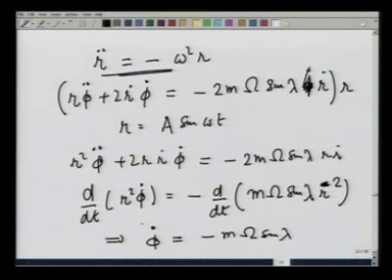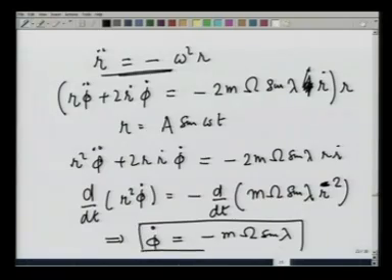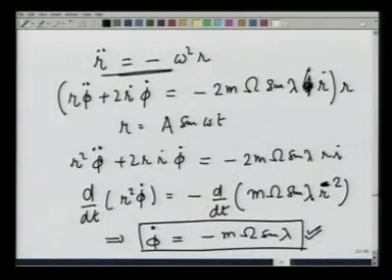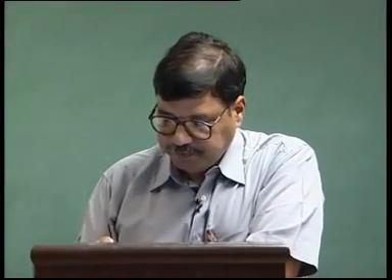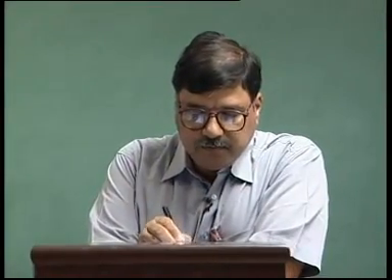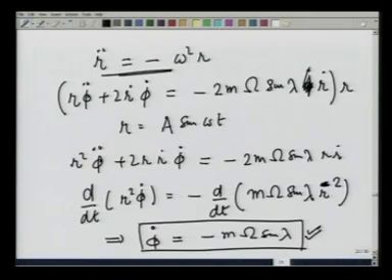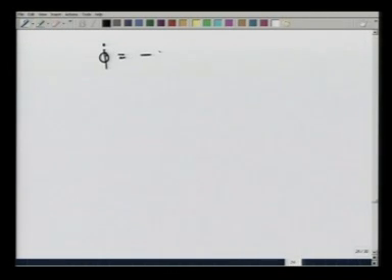And therefore, as the pendulum swings, its plane of oscillation keeps rotating backwards with a phi dot which is minus omega sine lambda. Sorry, this m has dropped out, this m is not there, and therefore, phi dot is equal to minus omega sine lambda.